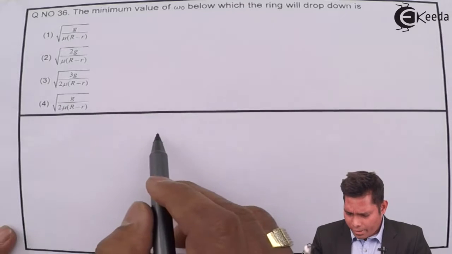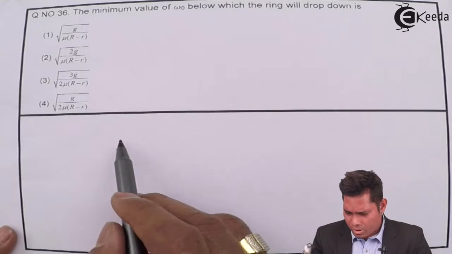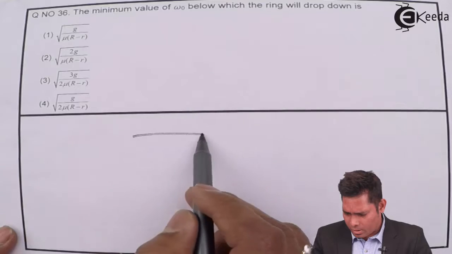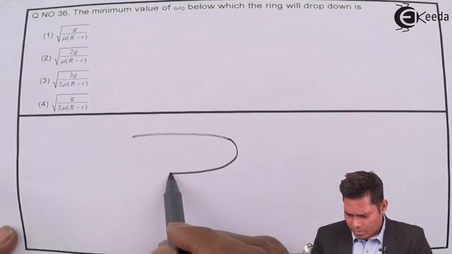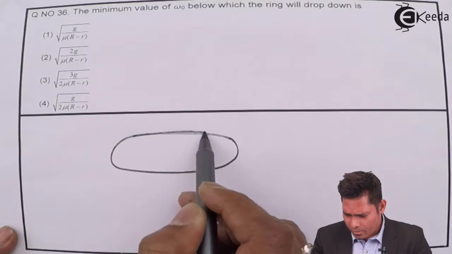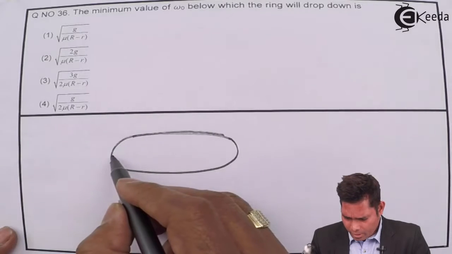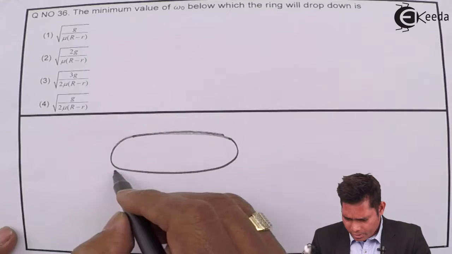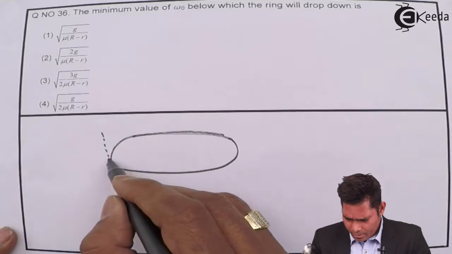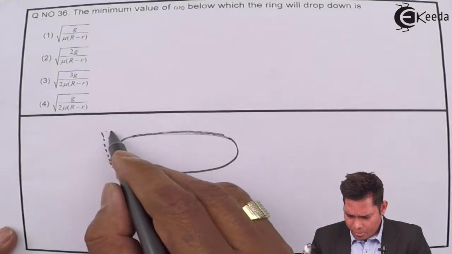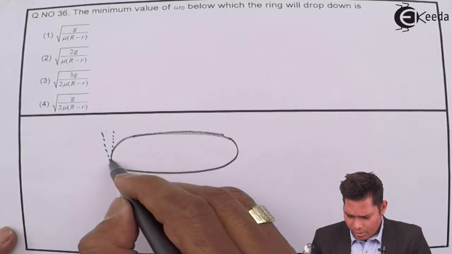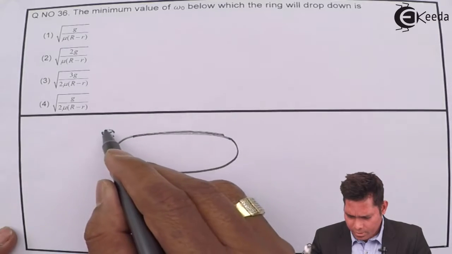Now if I look at the situation, this is the ring and our finger is like that, moves in a circle and like this.